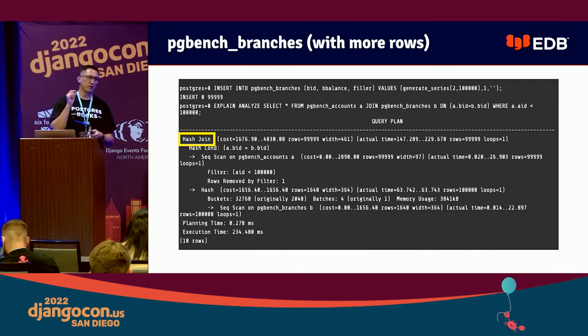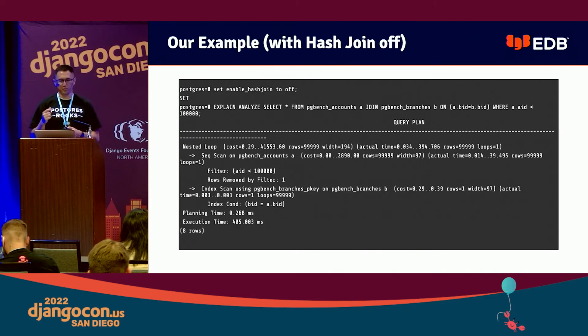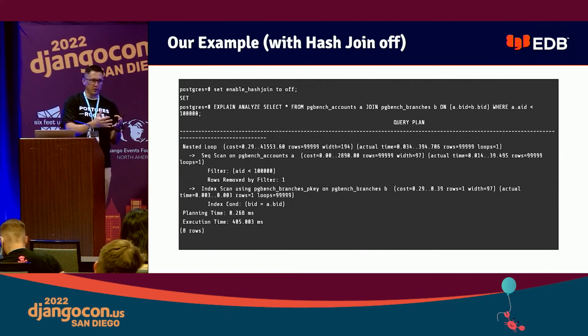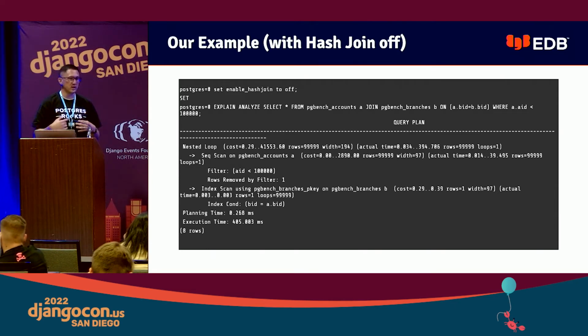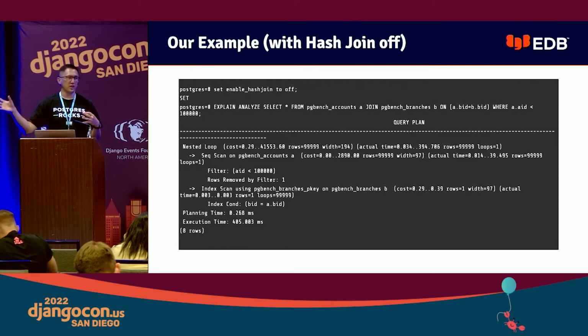But I can actually force the query planner to choose the nested loop. The way to do that is before you call the query, you call set enable_hashjoin to off. So you tell the query planner, don't do hash join. You can do anything else you want, but just don't do a hash join. And notice how I'm doing this within the same session. So I'm not making a global change in the config. I'm not affecting other users.